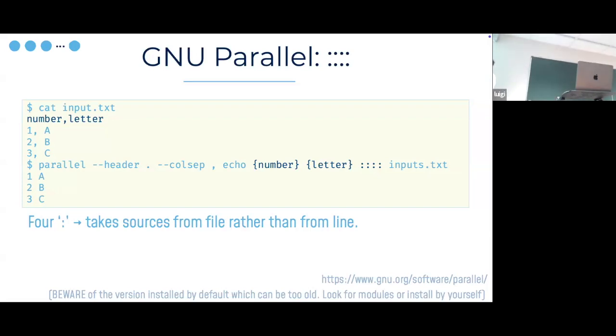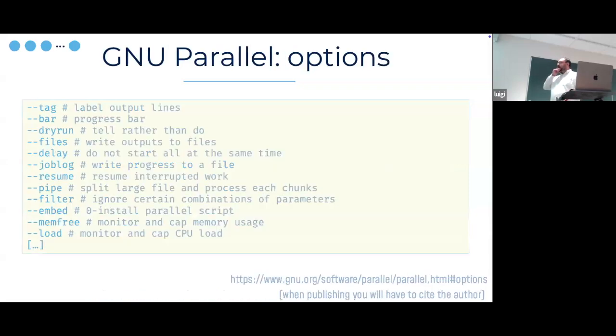And in the end, GNU Parallel will read the file, recognize that these are the column names, and use the contents of the file to do whatever you want, basically. So here I'm just using echo, but basically this is a way to just run one program on each of the elements of a line of a CSV file, for instance. There are many options. I will not go further here.